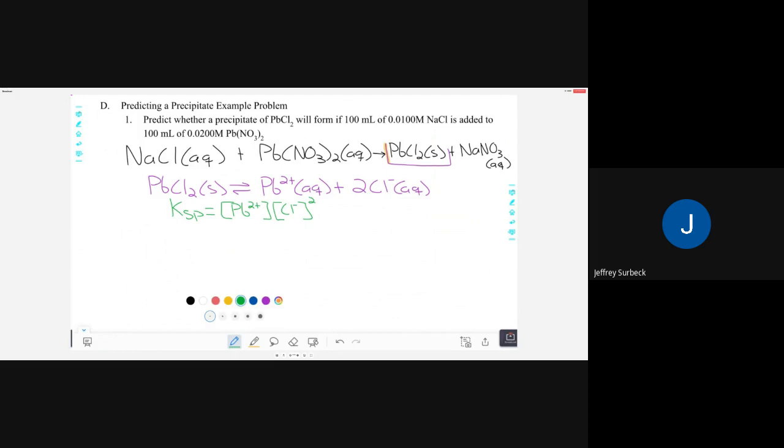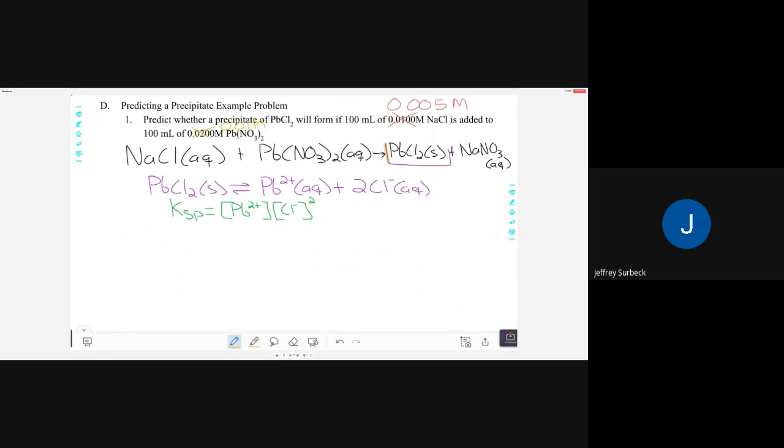Instead of 0.01 molar, because we now have 200 milliliters, technically this is 0.005 molar. And instead of 0.02 molar, technically this is 0.01. Again, all because we have double the volume. And again, I would guide you through that a little bit more and make that a little bit more explicit.